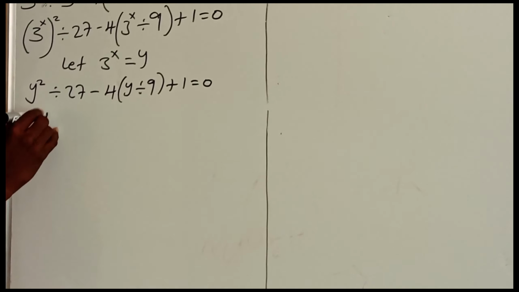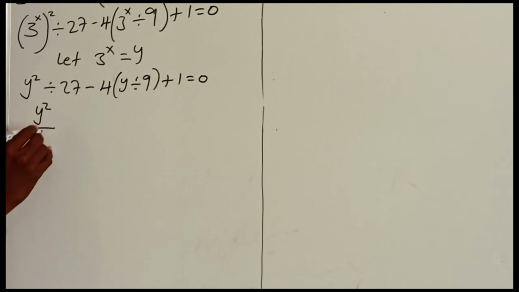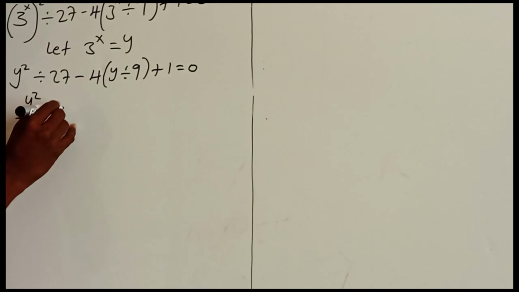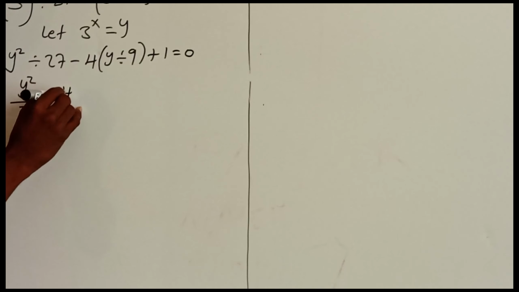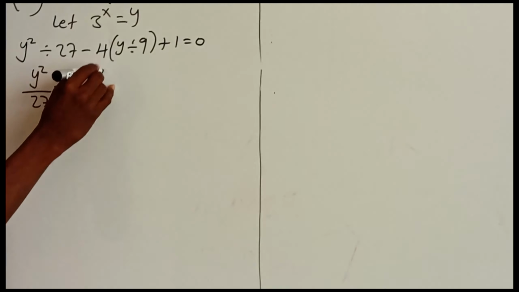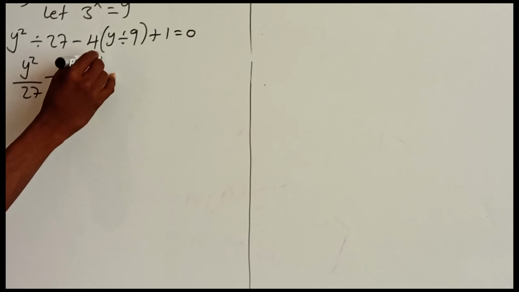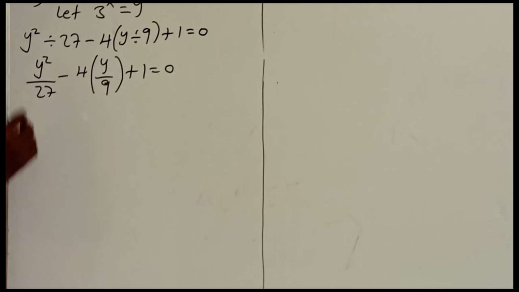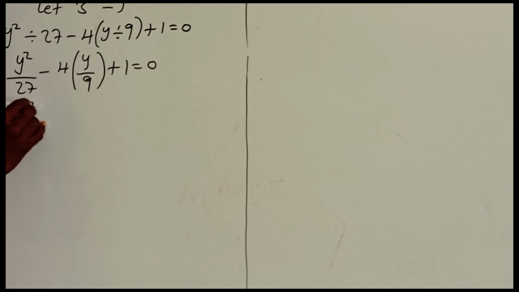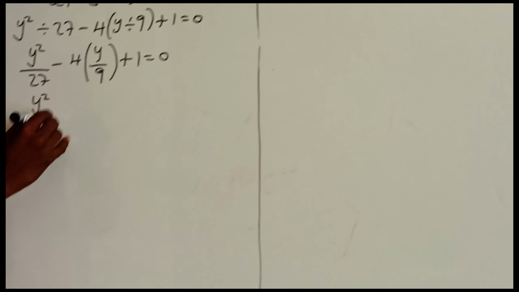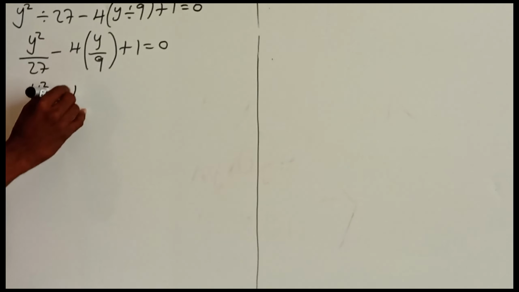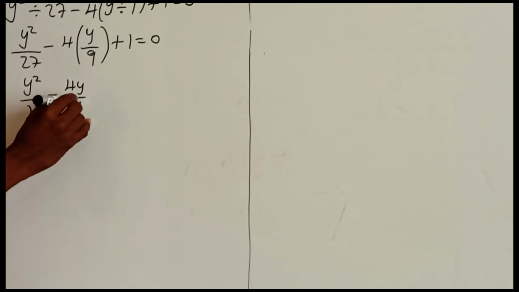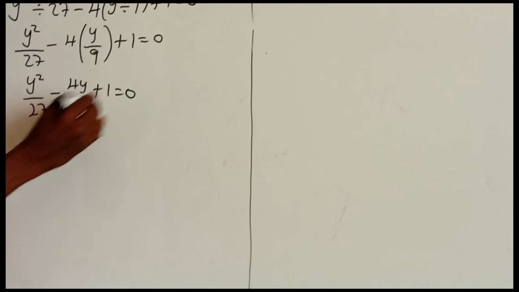Right? So y square all upon 27 minus 4 into y divided by 9 plus 1 equals to 0.